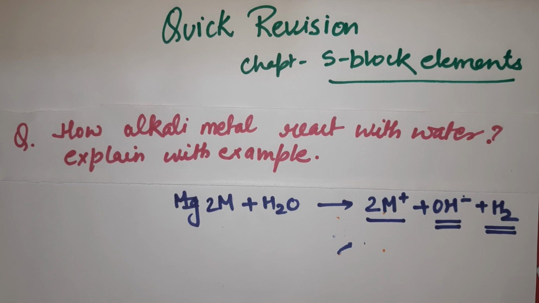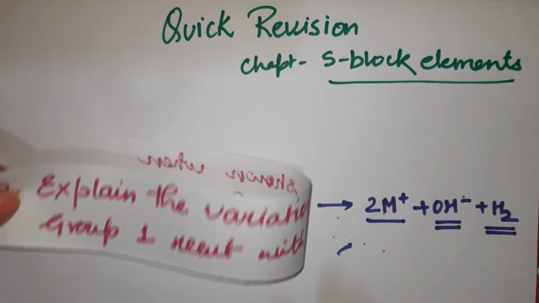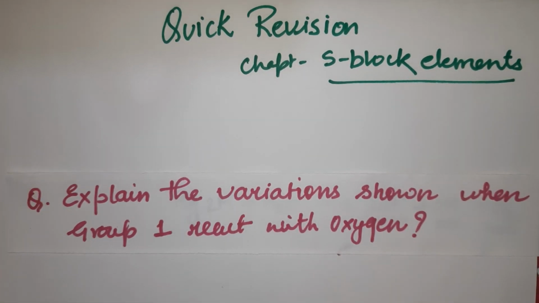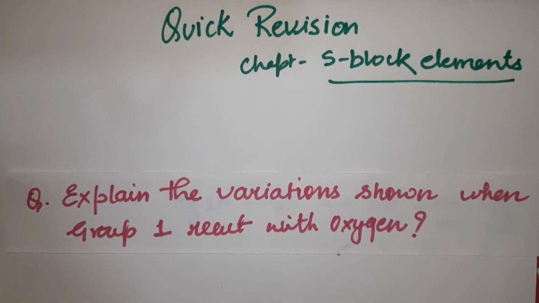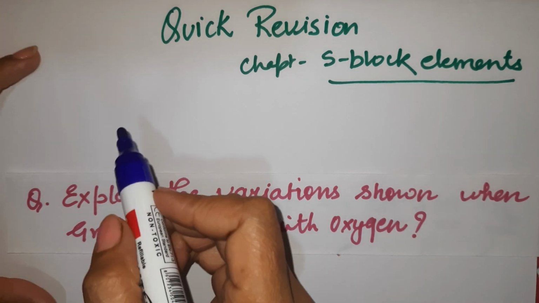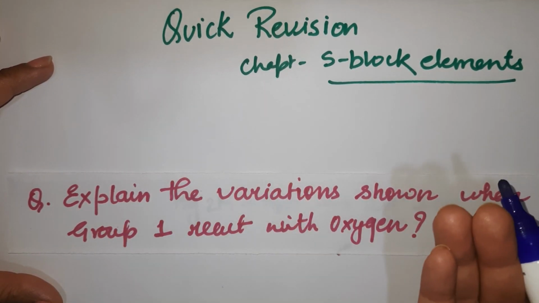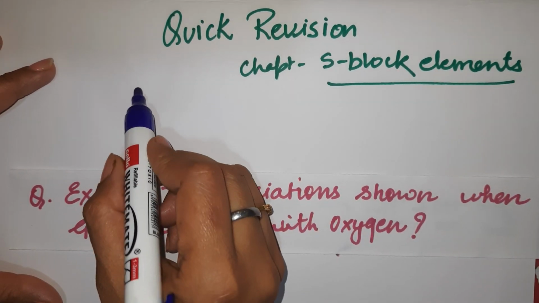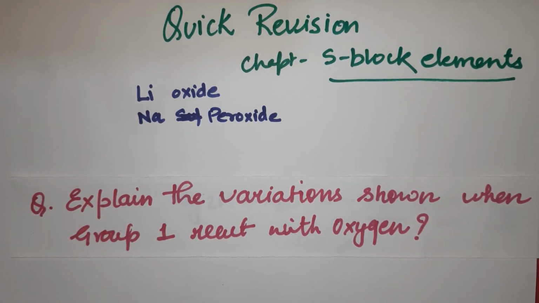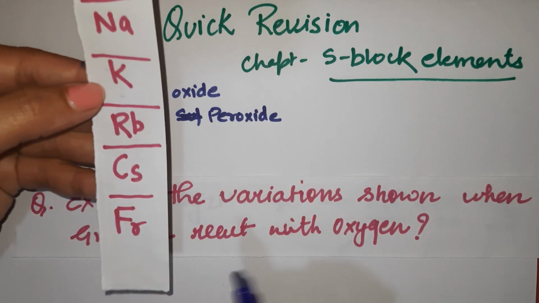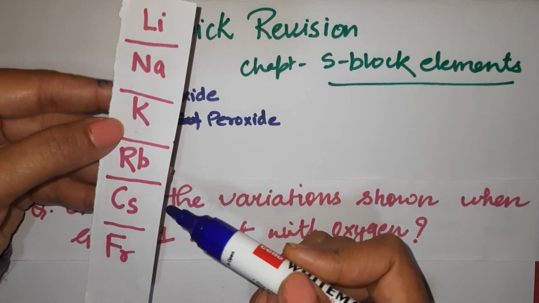All right, now the next question is about the reaction of group 1 with oxygen. You need to keep in mind one thing, that there is a variation shown by the group 1 elements like lithium and the rest of the elements. The rest of the elements means potassium, rubidium and cesium.